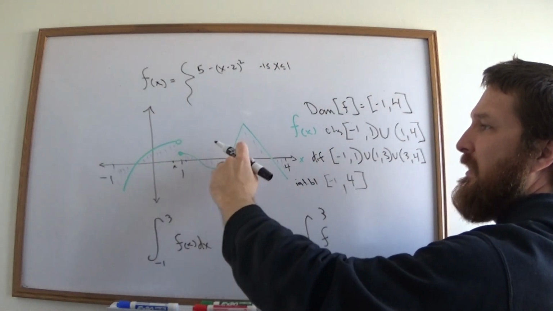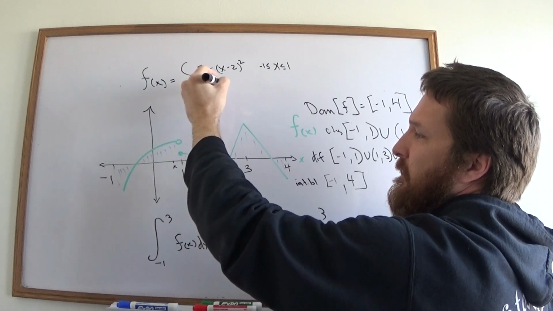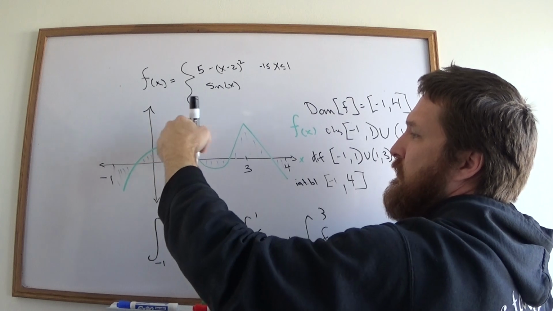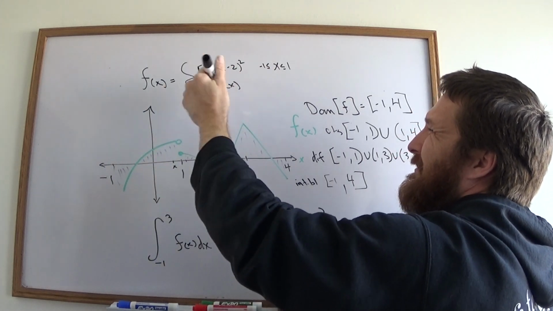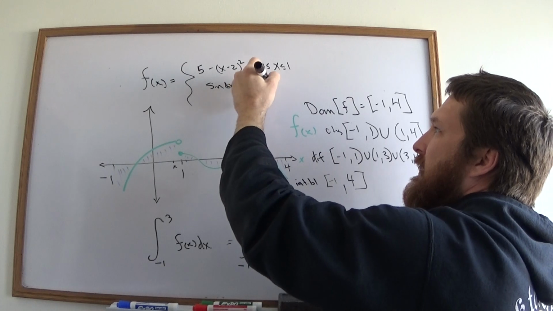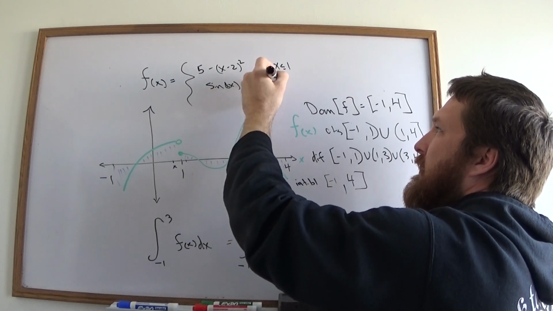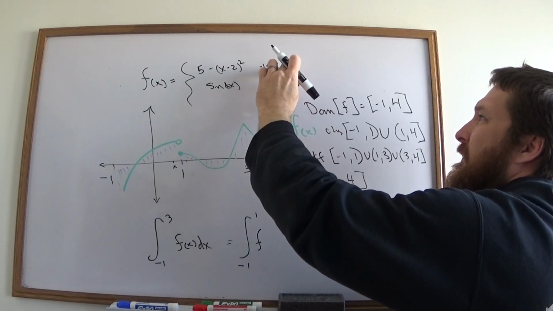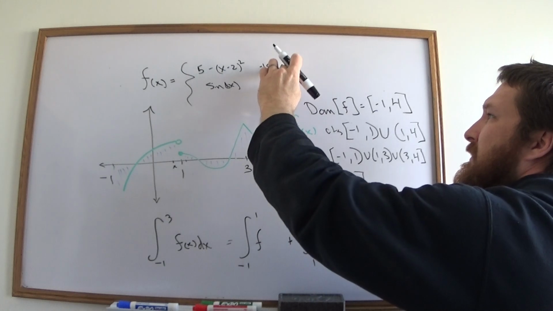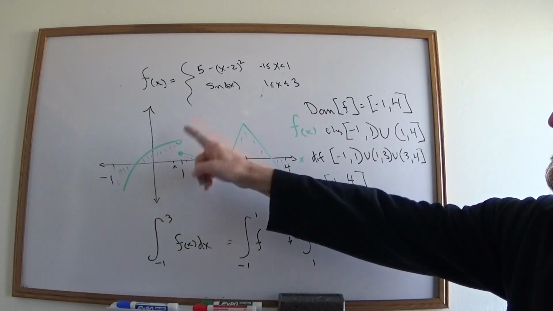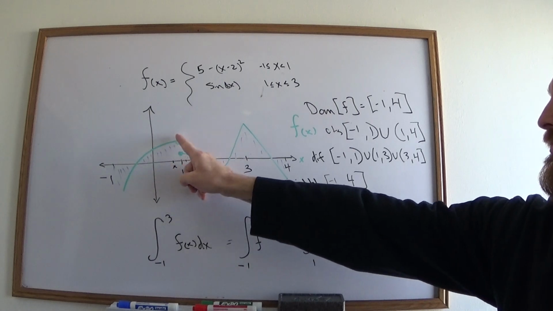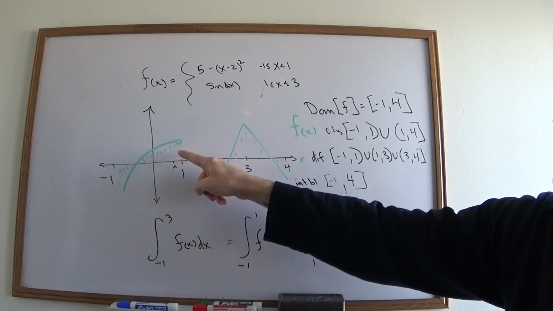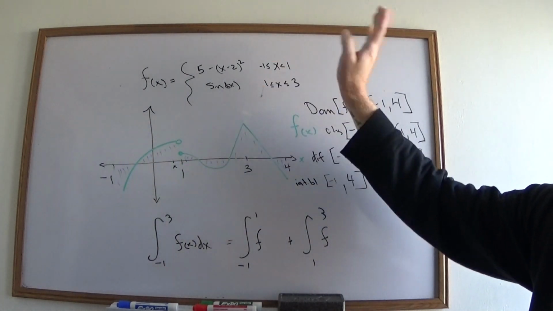And then maybe this is some kind of sine, like sine kx when x is between 1 and 3. It's defined there, not defined at x equals 1. It's no longer that. It's now that. When x is equal to 1, it gives you that guy. And then it does something else, right?